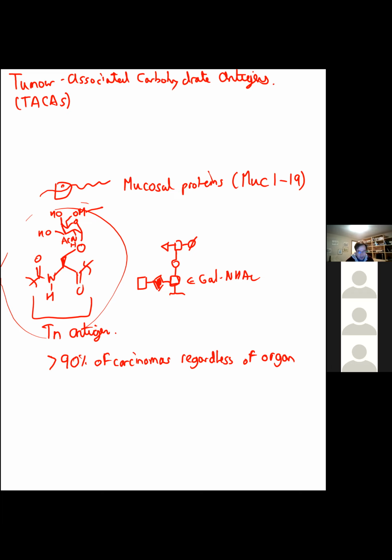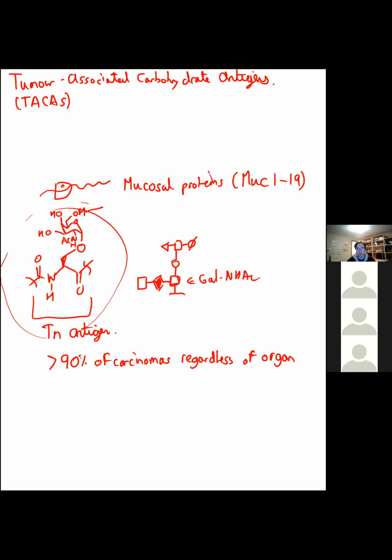So what's happening in these cancer cells is, a sugar is not an enzyme. You can't mutate the sugar. It's GalNAc. What you're doing is mutating the proteins that add more sugars to it. So we're actually getting a mutation by deletion here.